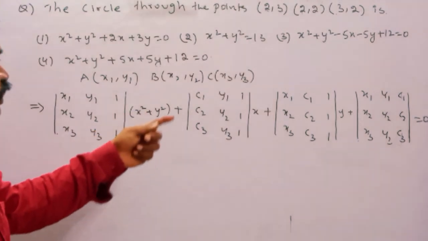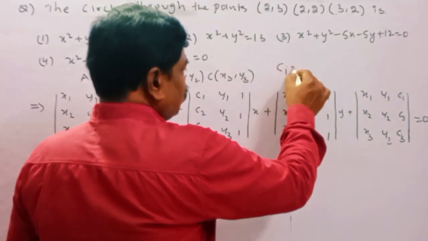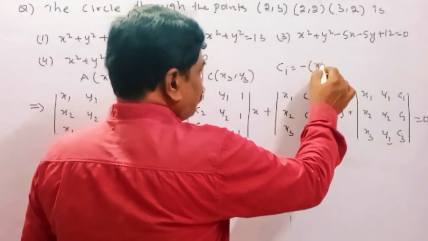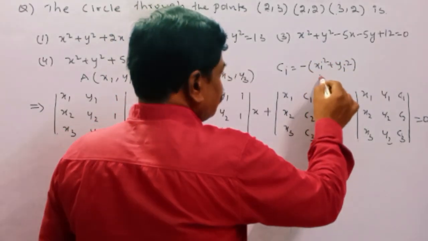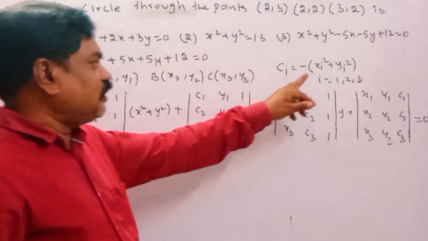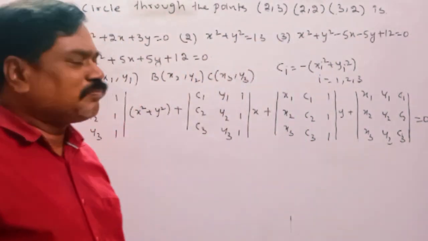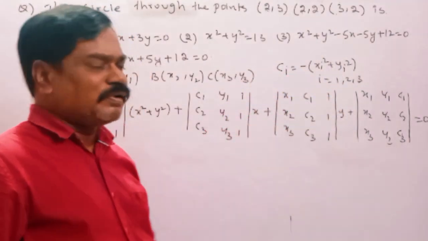Where, what are c1, c2, c3? ci is equal to minus of (xi square plus yi square), where i is equal to 1, 2, 3. If i is 1, minus (x1 square plus y1 square). If i is 2, minus (x2 square plus y2 square).